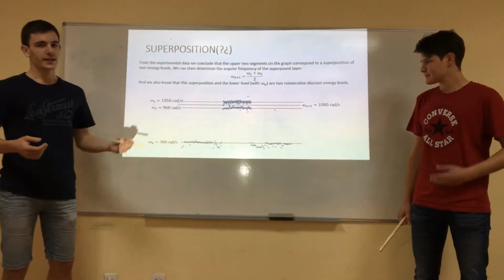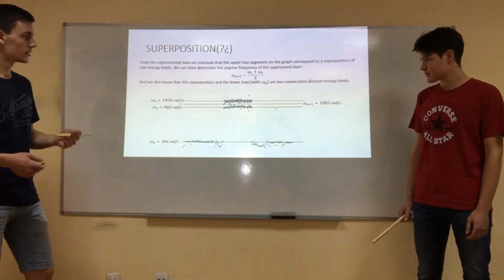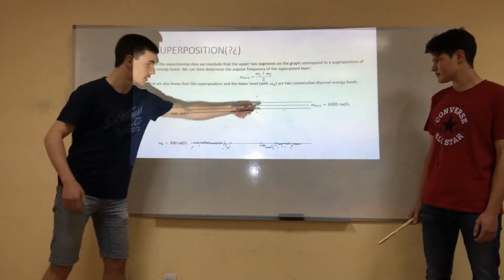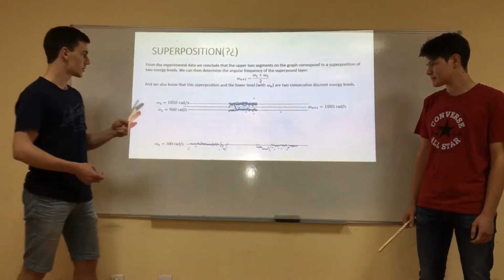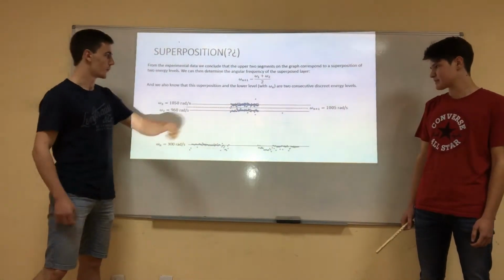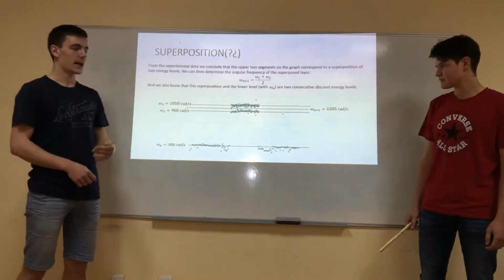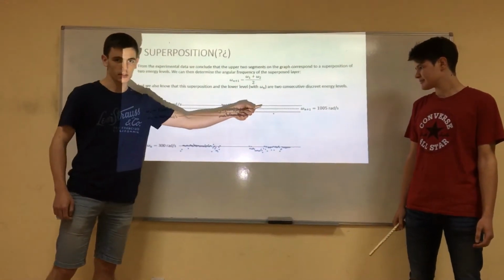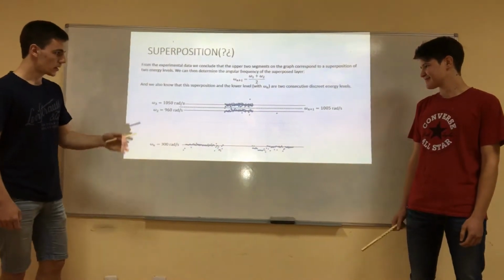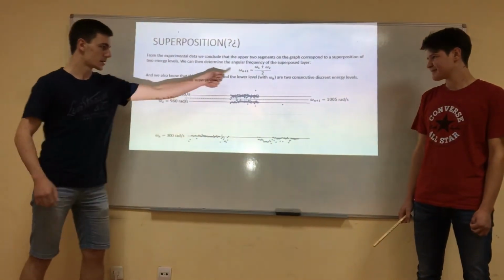From the experimental data we conclude that the upper two segments of the graph here correspond to a superposition of two energy levels, the one here and the one here. We can then determine the angular frequency of the superposed layer, which is in the middle, showed in the green line, as this expression.